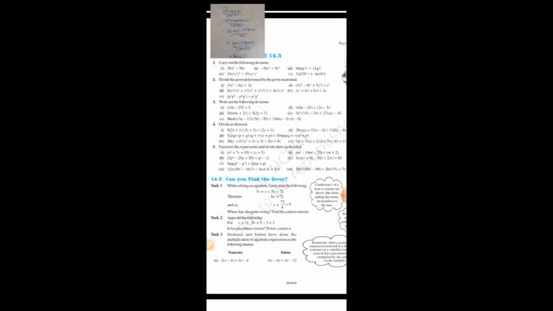In the first group y square plus 2y, y is common, so we take common and obtain y into y plus 2, and in the second group 5y plus 10, we have common 5, so if we take common 5 we obtain 5 into y plus 2. In both terms you can see y plus 2 is common, so we take common y plus 2, then we obtain y plus 2 into y plus 5. So y plus 5 and y plus 5 is cancelled, then we obtain y plus 2.